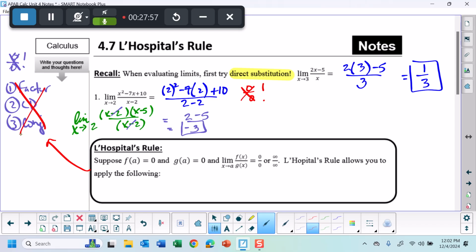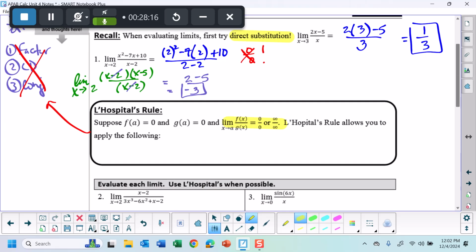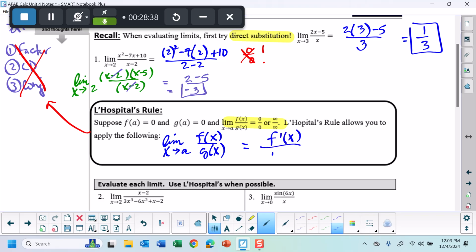If you ended up with a 0 in your numerator and a 0 in your denominator when you plugged and chugged, and you ended up with this indeterminate form, either with 0 over 0 or infinity over infinity, what you can do instead is, if you're finding the limit as x approaches a of f of x over g of x, you can go ahead and take the derivative of f and the derivative of g separately.